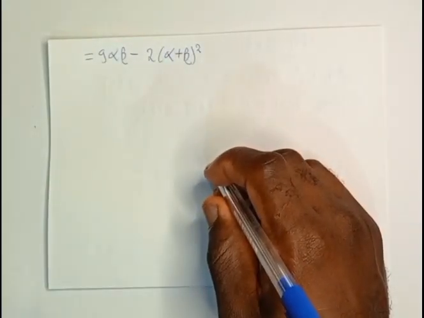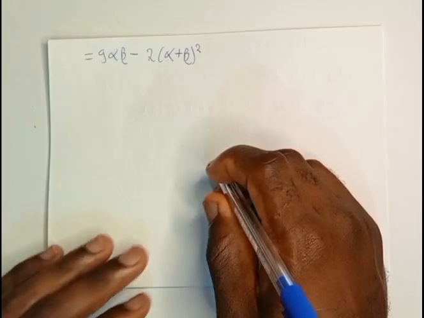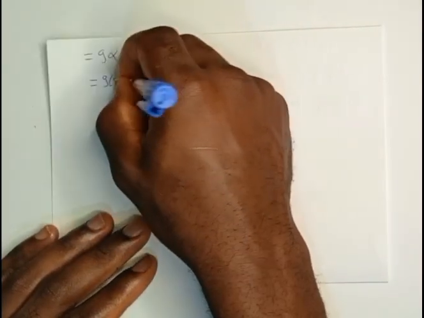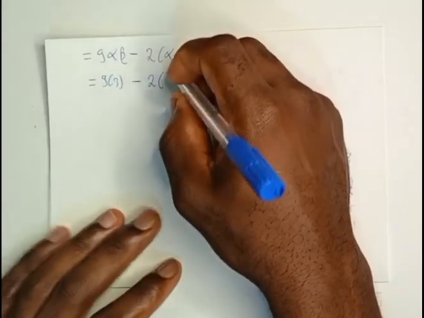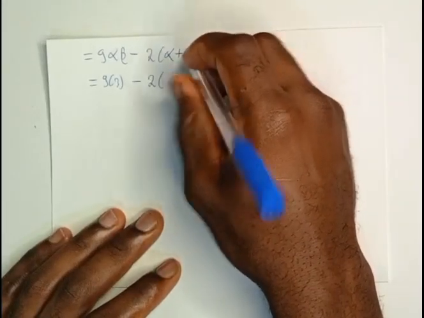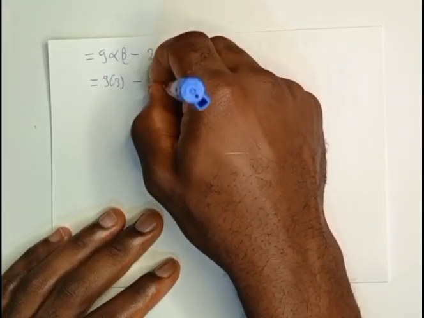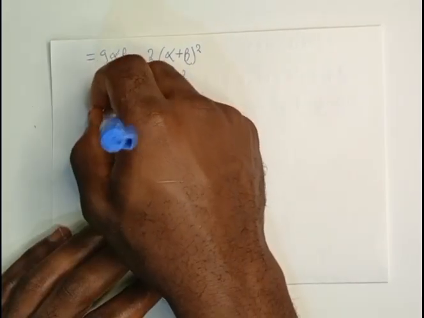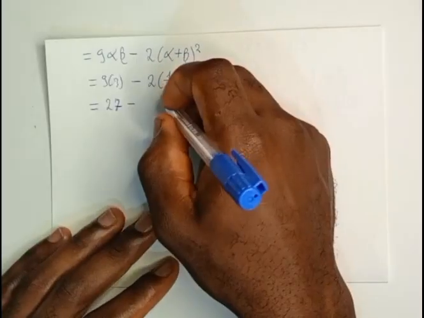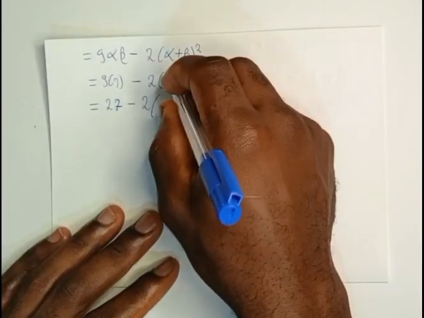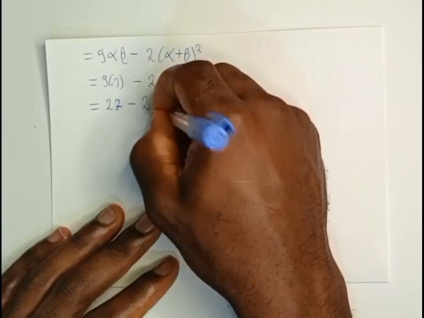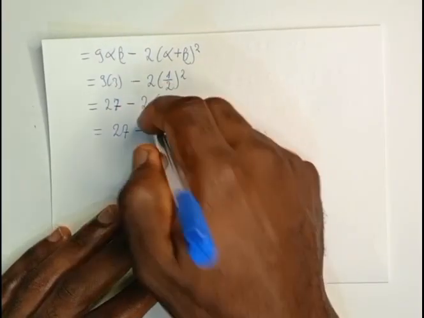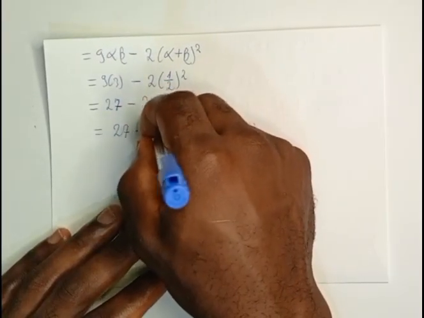Now we are going to replace alpha beta with 3: 9 times 3 minus 2 times alpha plus beta squared, a half squared. This will be equal to 9 times 3 gives us 27 minus 2 times a half squared gives us 1/4. This will simply be equal to 27 minus 2 times 1/4 gives us a half.